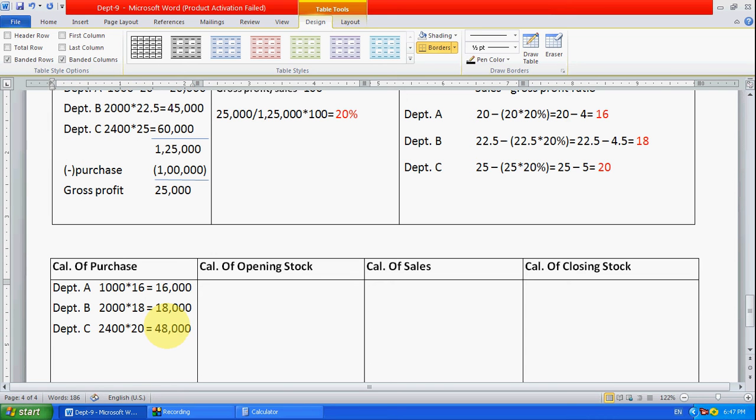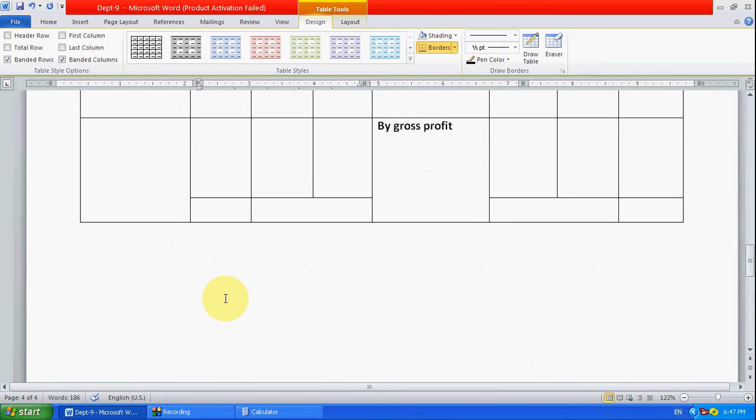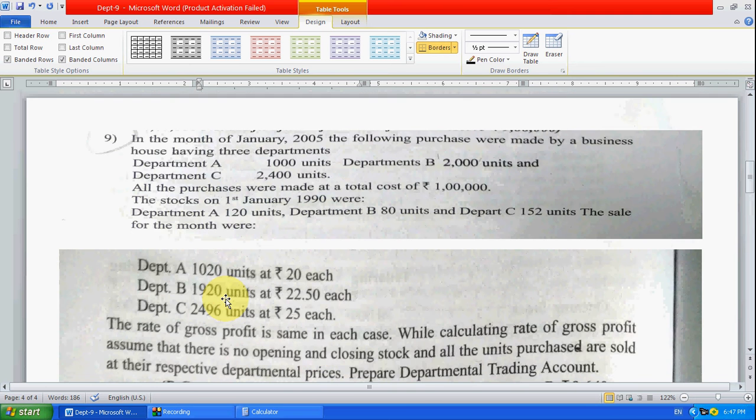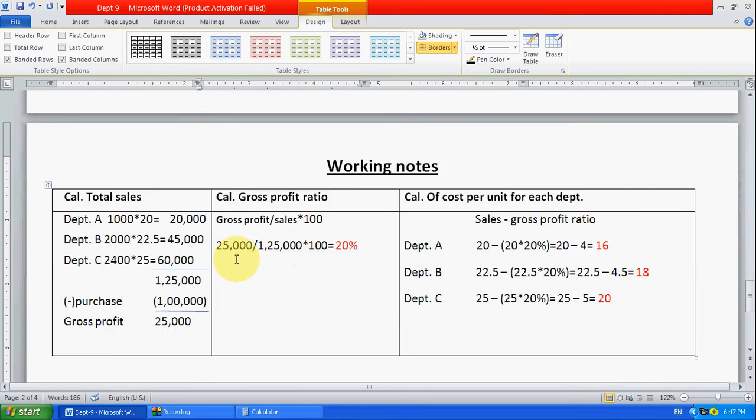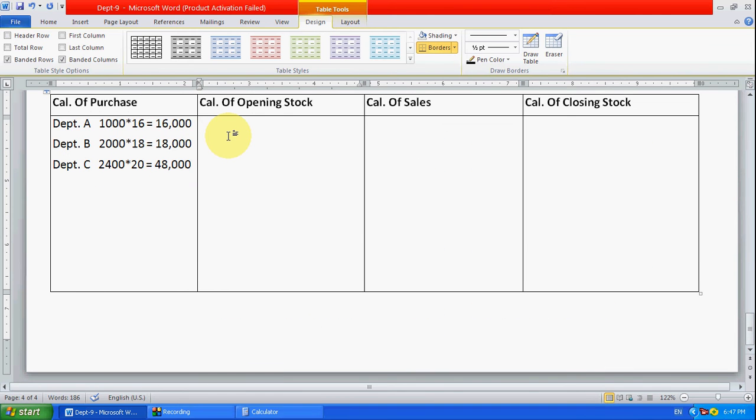Now the same for opening stock. Opening stock is already given here. See, opening stock: department A 120, department B 80 and C is 152. So department A is 120 into 16.